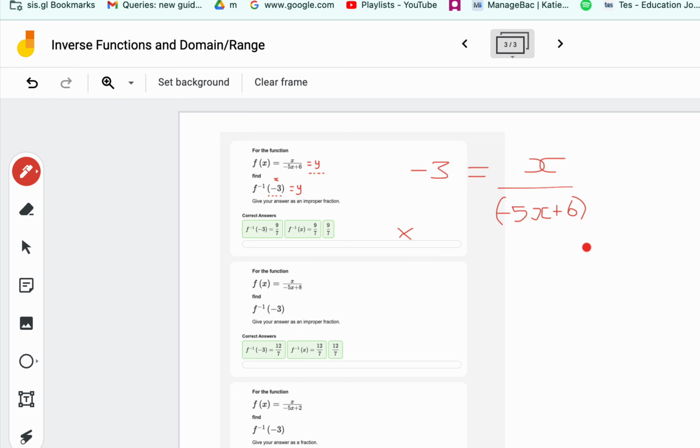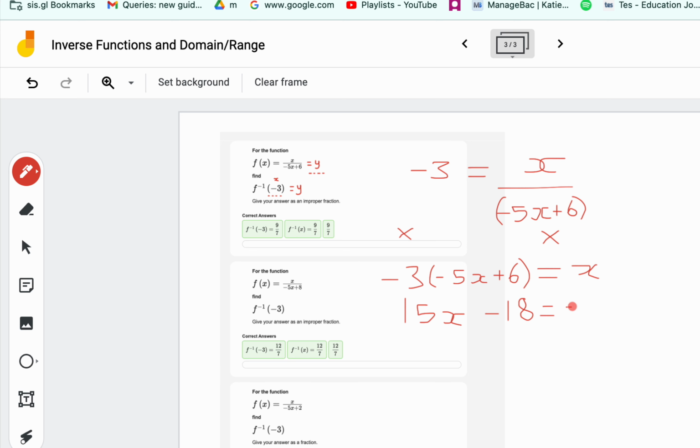So we're going to times both sides by the denominator from the right-hand side of this equation. So we end up getting -3 brackets -5x plus 6, and then we're going to have this equal to just x. And then we want to separate the terms so that we just have x on its own. -3 times -5 is positive 15x, -3 times 6 is going to be -18, and then this is going to be equal to x.